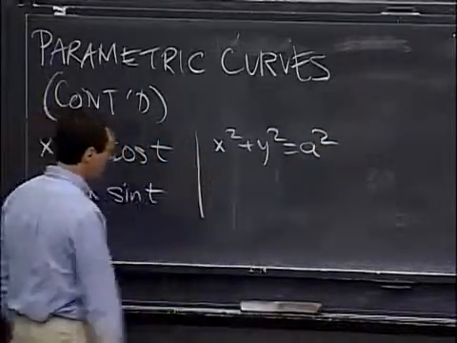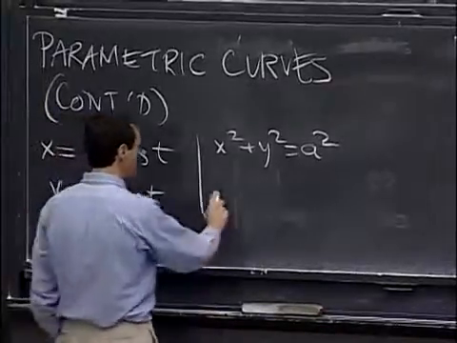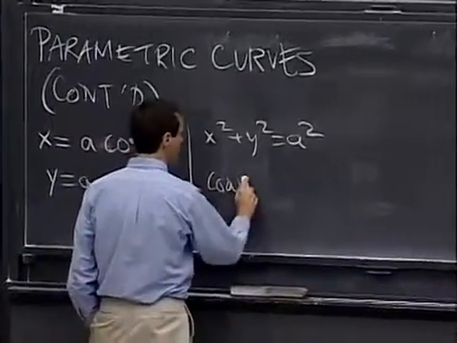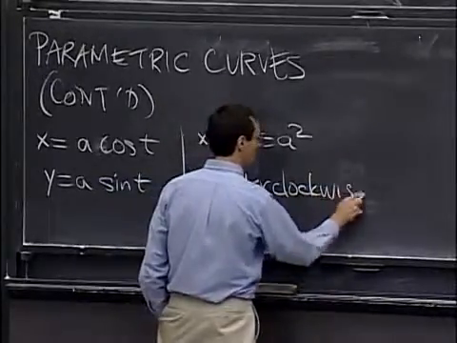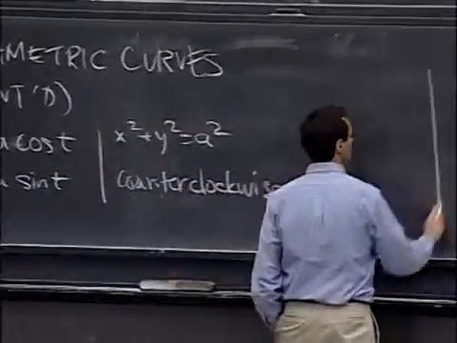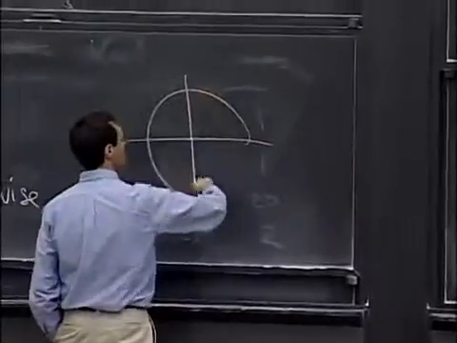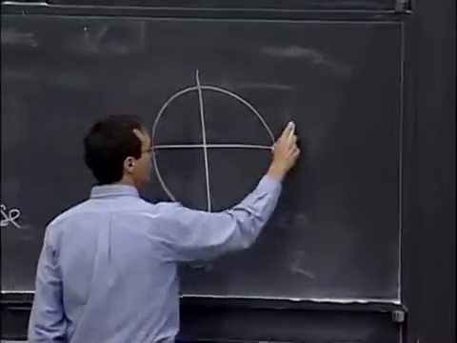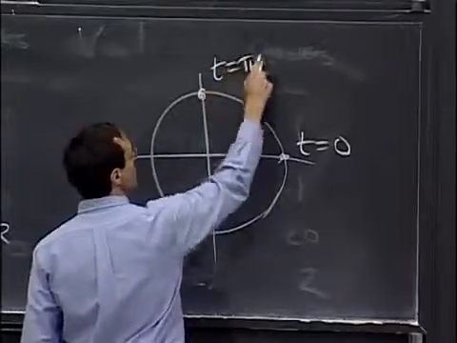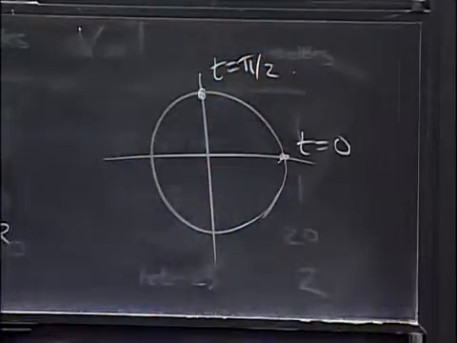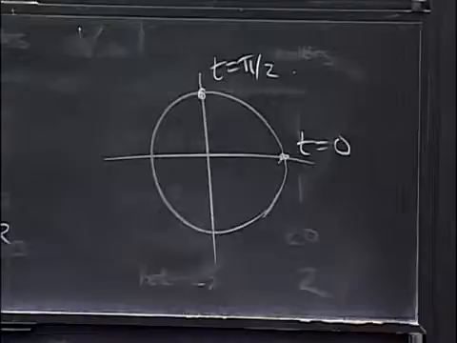That satisfies the equation for the circle. And it's traced counterclockwise. The picture looks like this. Here's the circle. It starts out here at t equals 0, and it gets up to here at time t equals pi over 2.